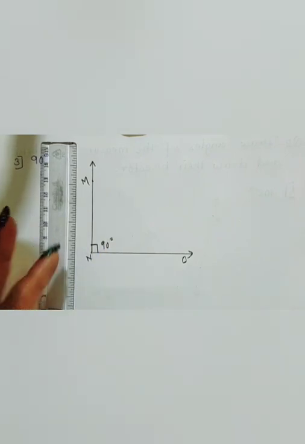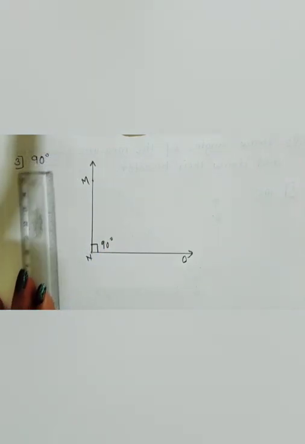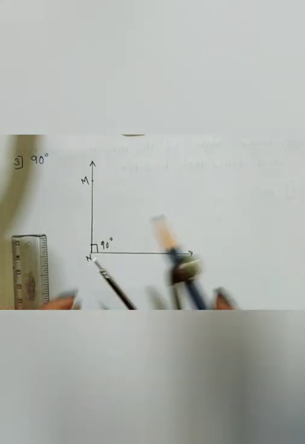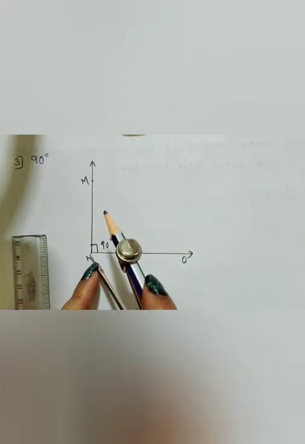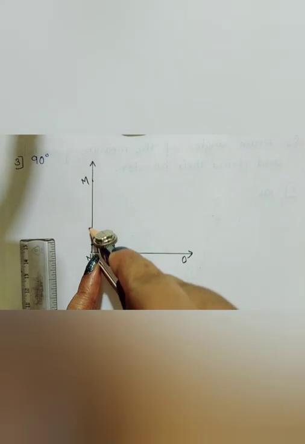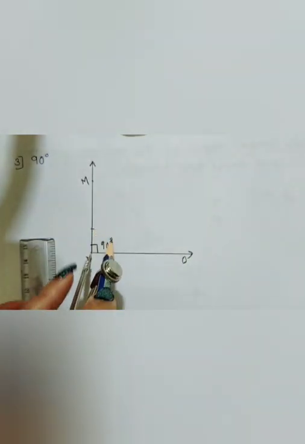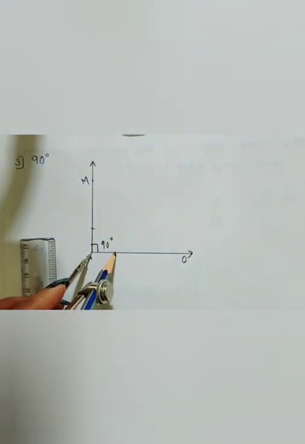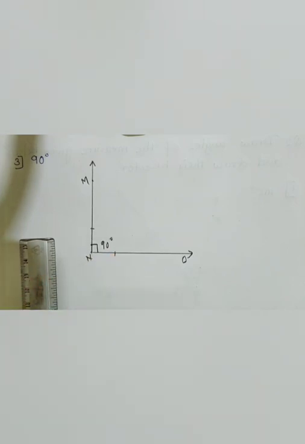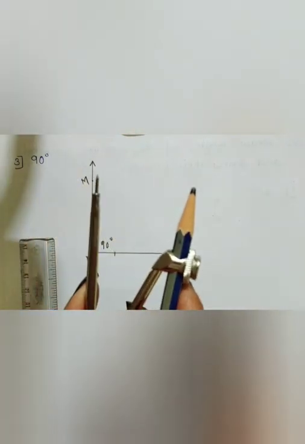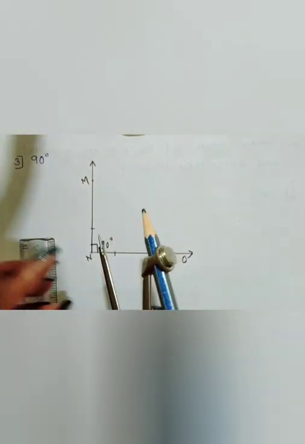Now we have to bisect this angle with the help of compass. I am keeping this point of compass on N. I will make 2 points or arcs on MN and NO. Now take little big measure so that the arc should be more clear.